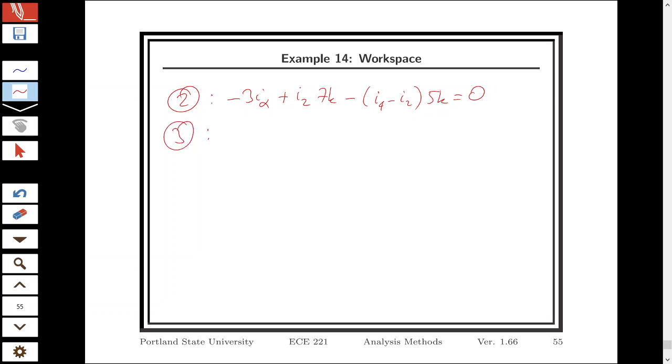In the third mesh, we have plus I3 times 4K plus I3 minus I1 times 3K plus 8 volts equals 0. Of course, I1 here is 1.5 milliamperes, right?